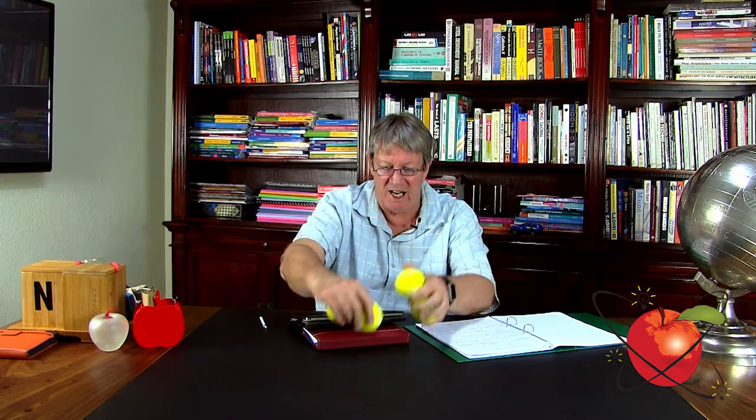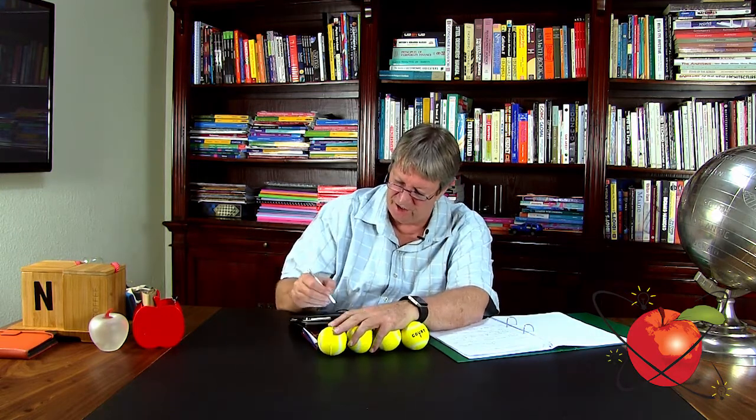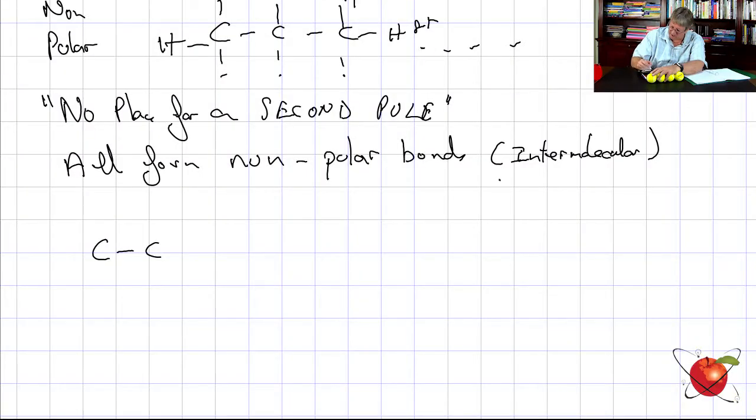Let's look here. Here's ethane, ethene, or even ethyne. They're sitting on top of each other. This is nonpolar, so they are held together by London forces. So the intermolecular force is London or dispersion, which is weak.